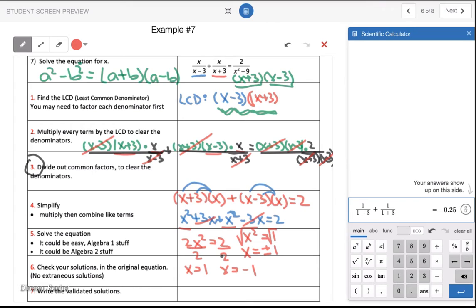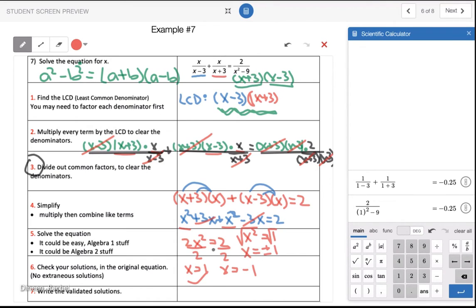When I substitute in a 1, I get negative 0.25. The right-hand side, when I substitute in a 1, I get negative 0.25. So x equals 1 checks.